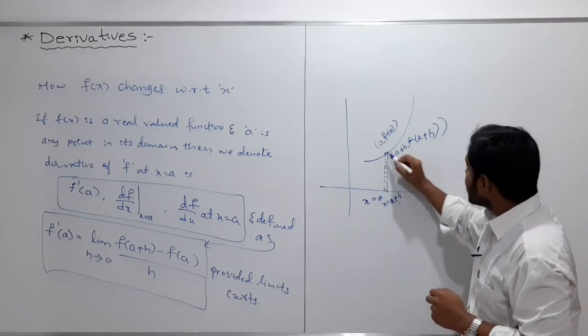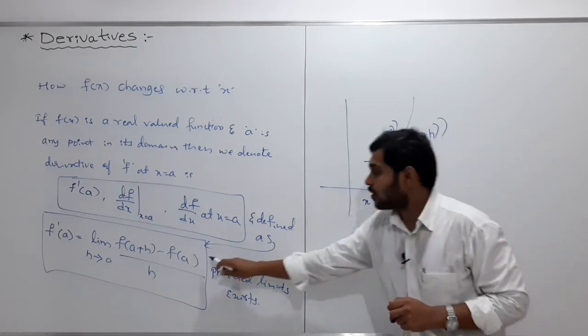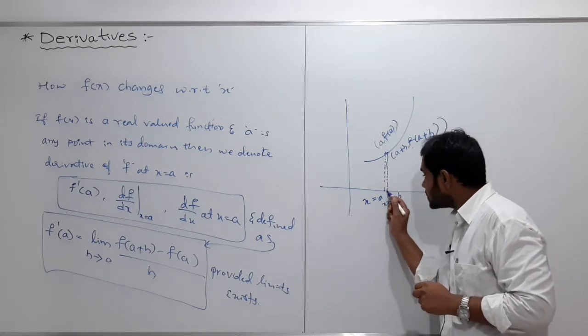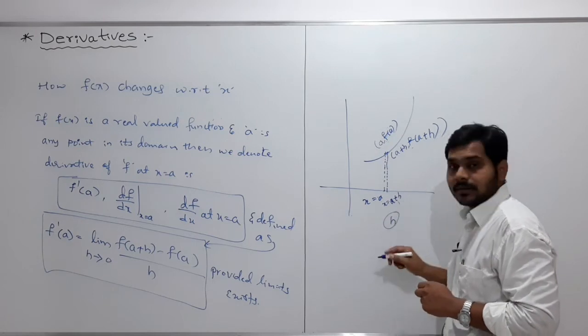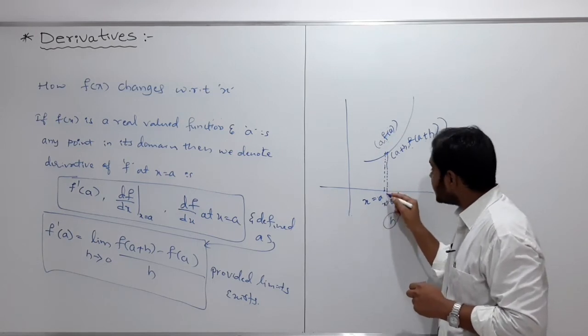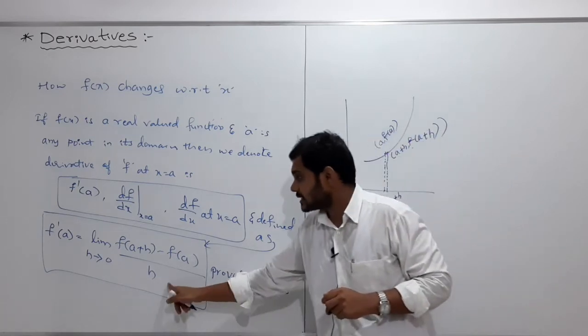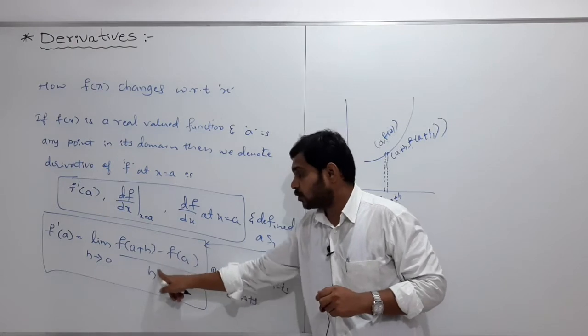So first we take the difference f of a plus h minus f of a, the whole divided by the x difference. What is this difference, my dear students? This difference is nothing but h, because here it is a, here it is a plus h, the difference is h. So f of a plus h minus f of a, the whole divided by h.